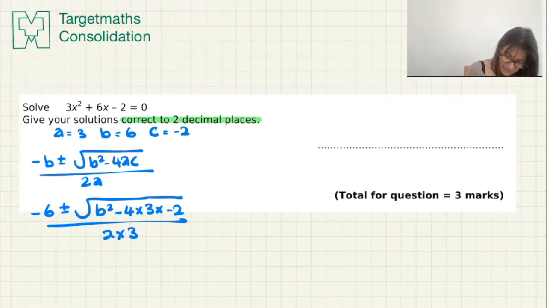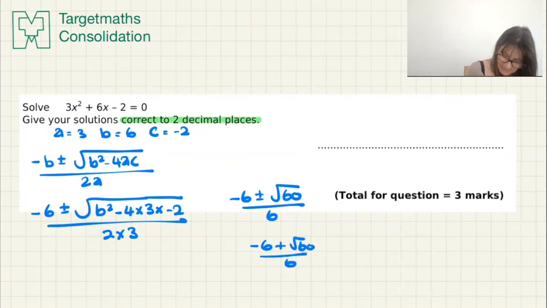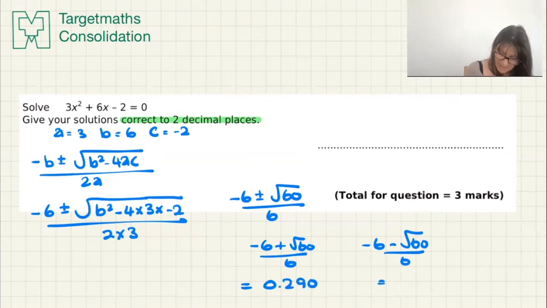So this is going to give me minus 6 plus or minus root 60 all over 6, which will split to minus 6 plus root 60 over 6 and minus 6 minus root 60 over 6. And that goes on to give me 0.290 and minus 2.290. These did go on. We want correct 2 decimal places.